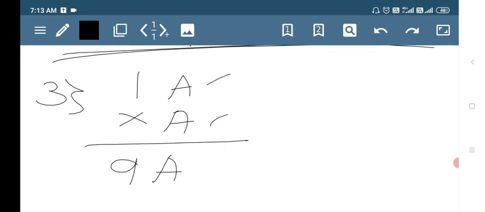So, A and A means there should be the same digits multiplying each other.